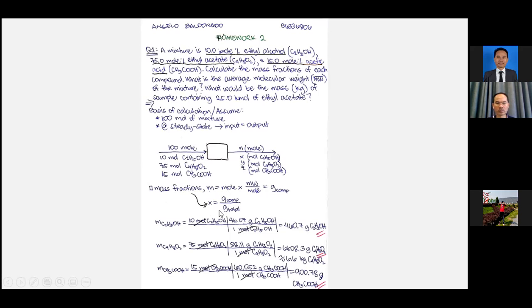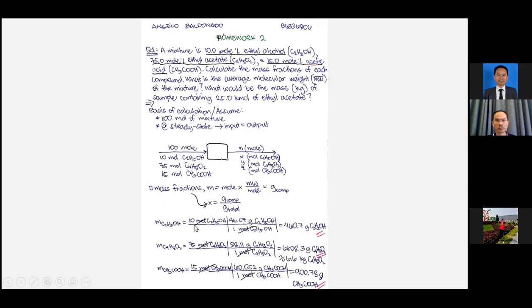So for the ethyl alcohol, we have 10 mole times the molecular weight, which is 46.07 grams, and then we get 460.7.